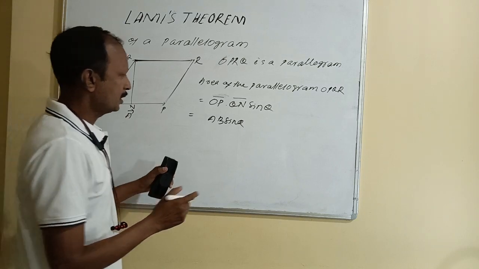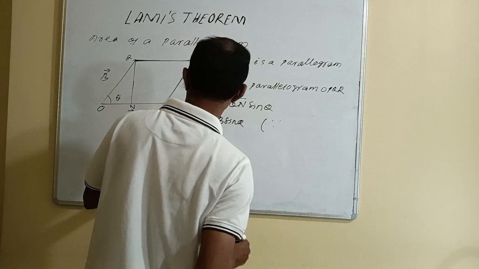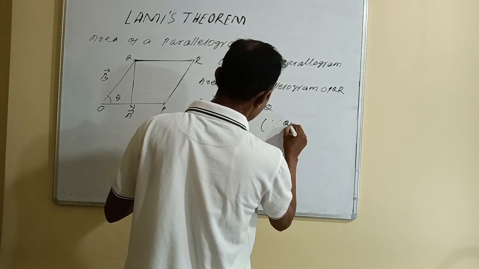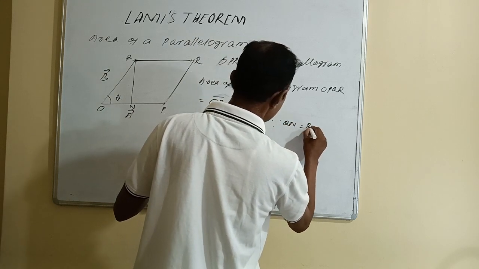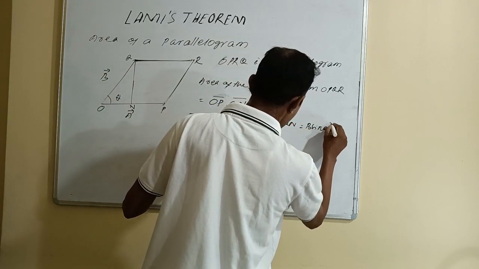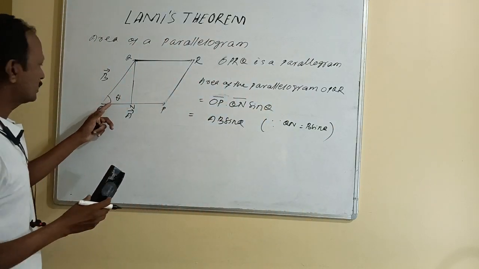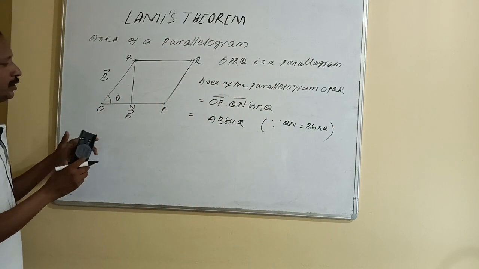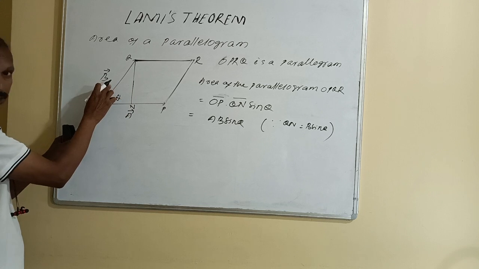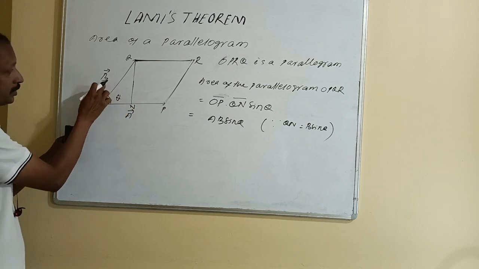Why? In this case, QN is equal to B sine theta, since you know that sine theta is equal to P by H, or P equals H sine theta.